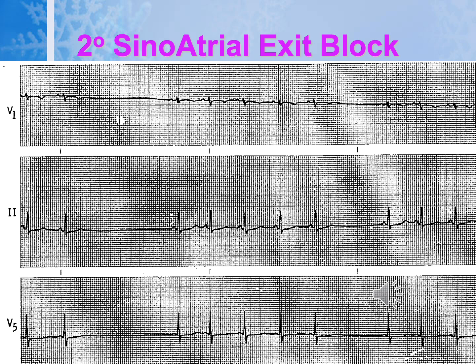When the P waves are absent, its subsequent QRS complexes are also absent, and this appears much like a sinus pause, although the pause interval represents a multiple of the typical PP interval.